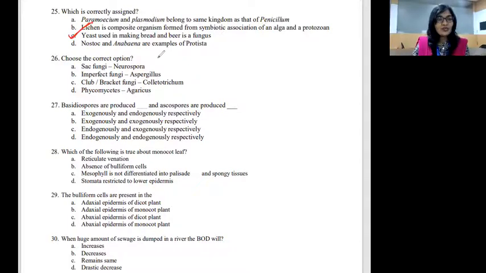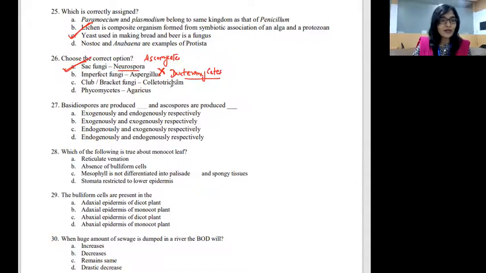Okay, next one. Choose the correct option given here. It's very important. Sac fungi are called ascomycetes. So Neurospora is an ascomycete. Correct. Imperfect fungi are called deuteromycetes, which do not have sexual reproduction taking place. Yes. And Aspergillus is an ascomycete, so it is not an imperfect fungus, not a deuteromycete.